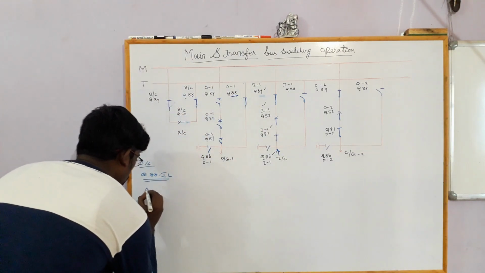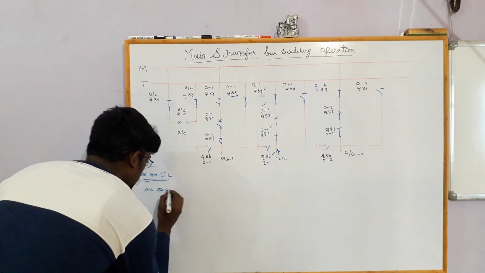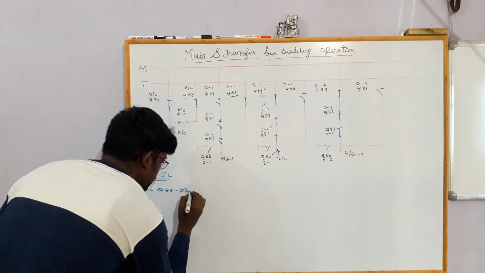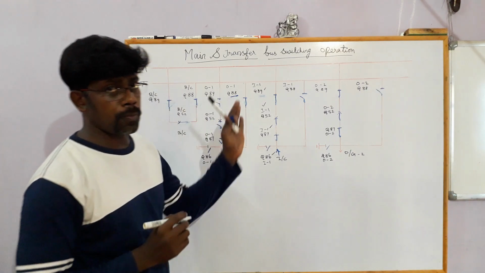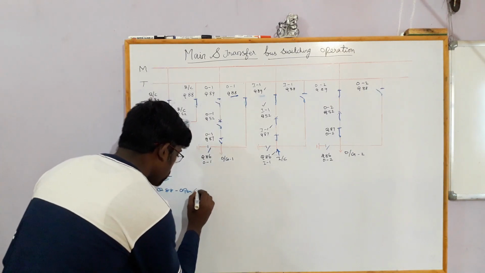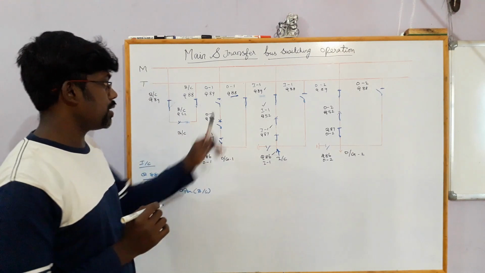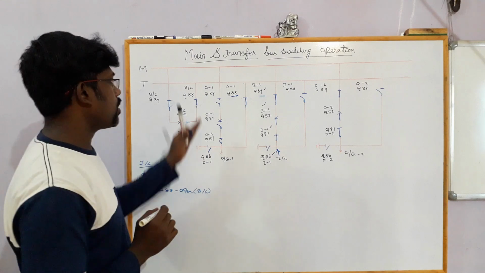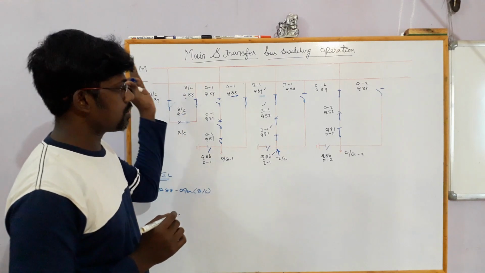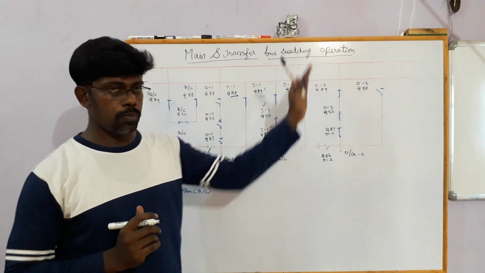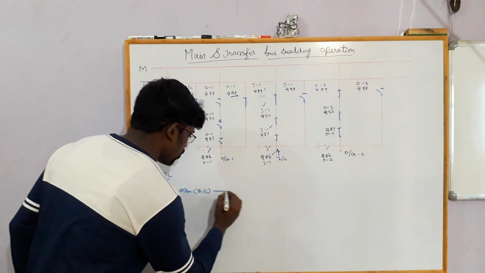All Q88 should be in open position except bus coupler. Bus coupler will not be included in this logic. Remaining all Q88 isolators should be in open position. You have to consider this.